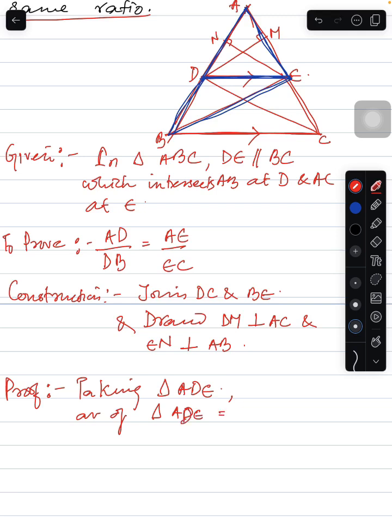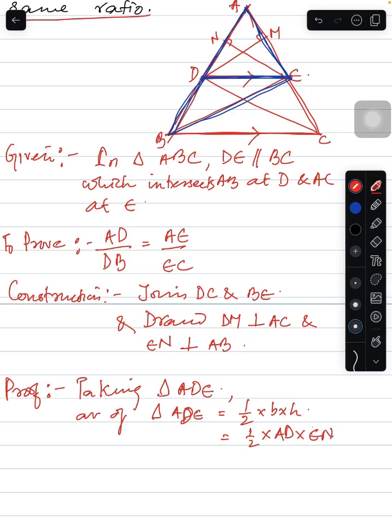is equal to, what is the area of a triangle? Area of a triangle is half base into height. Which is the base here? AD is the base, into which is the height here? DM is the height. Or you can take, first we'll take this one, EN.